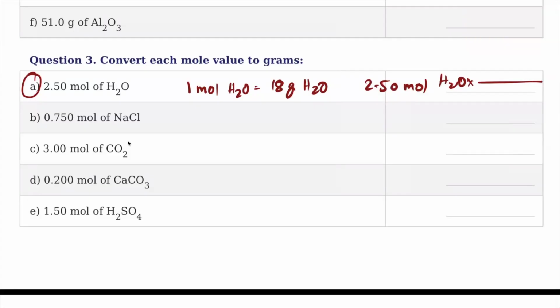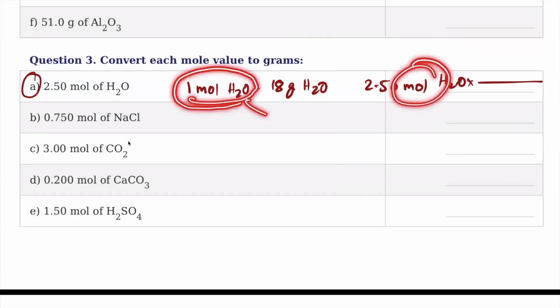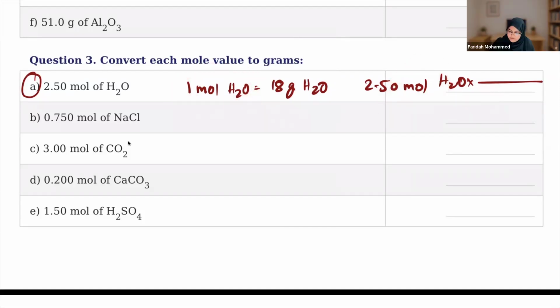Because if you want the moles to cancel out, you want to put the moles on the bottom and the grams on the top. Good. I like to write the bottom one first: 1 mole of water. It doesn't matter though. And then 18 grams of water.